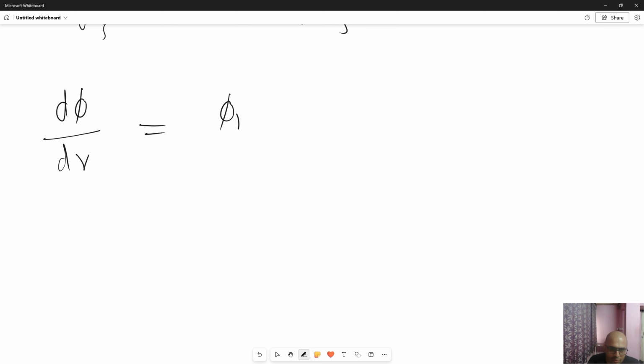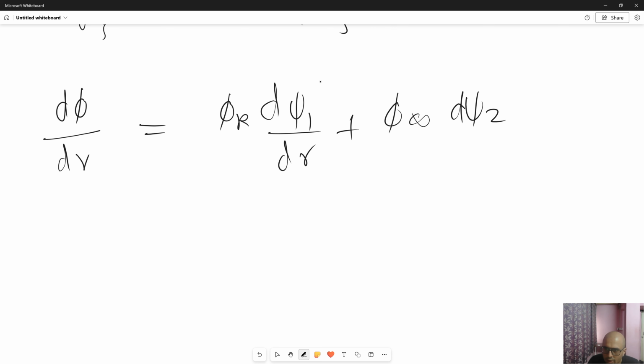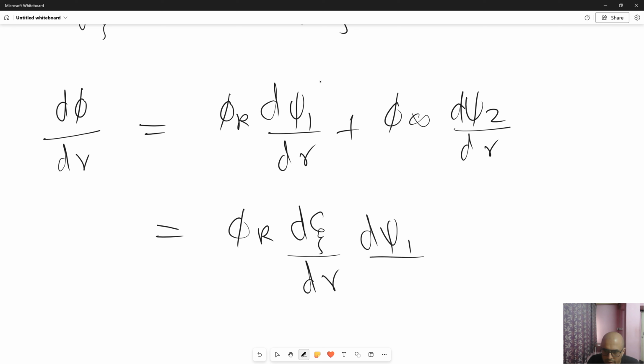So we would just do phi R into d psi1 by dr plus phi infinity into d psi2 upon dr. So we are just using our piecewise continuous approximation. Since we have the master element and physical element mapping, let's just use that.